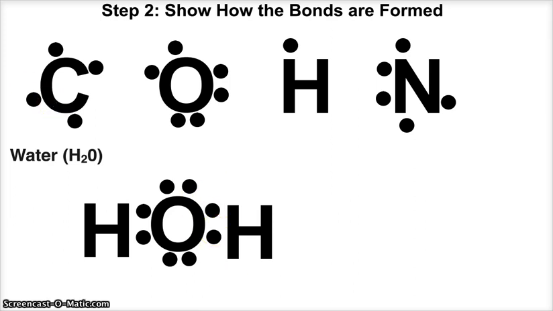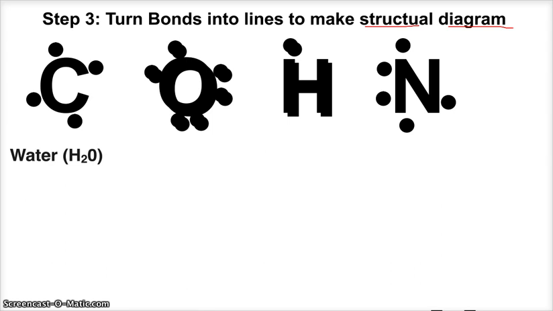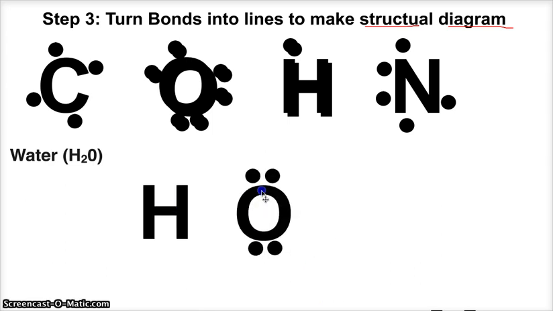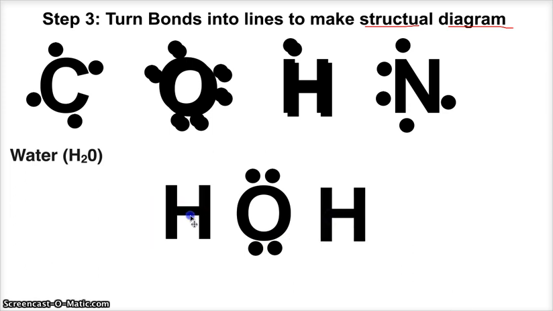Okay. Now we can turn these sharings into lines that we show as bonds. The way we do that is we still have our hydrogens, we have our oxygen with its non-bonding electrons shown, but instead of putting 2 dots here, we're going to have them represent a line.